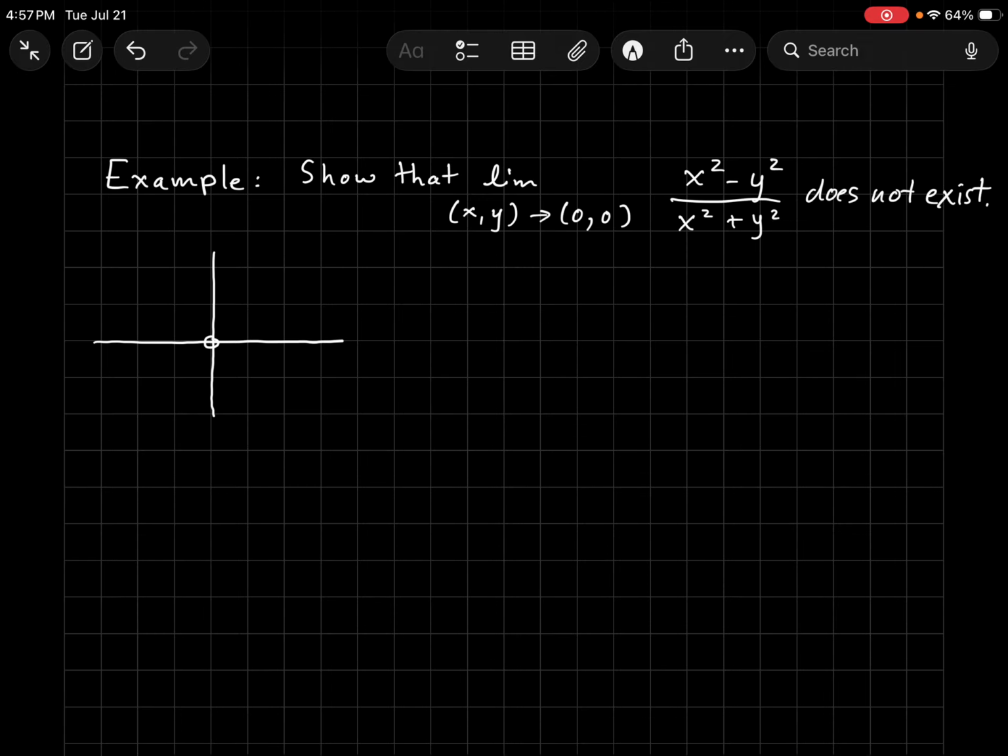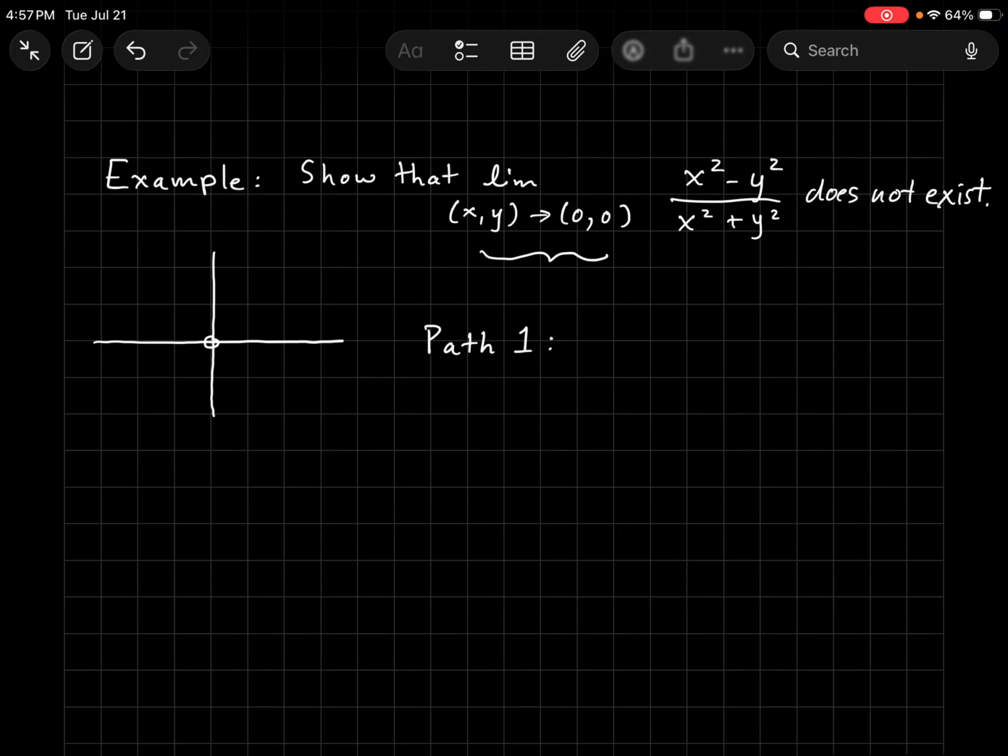And so I need to go towards (0,0). That is, (x,y) needs to approach (0,0) from every single path, and I must reach the exact same value. So what I do, especially if I know or think that the limit does not exist, is start choosing paths.